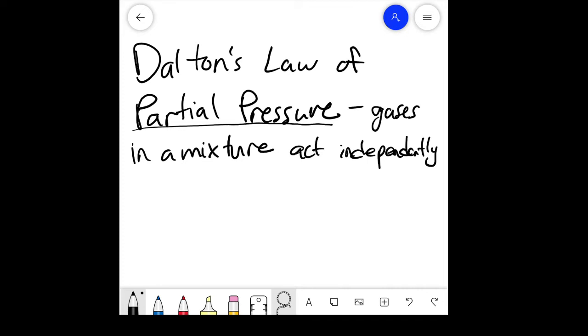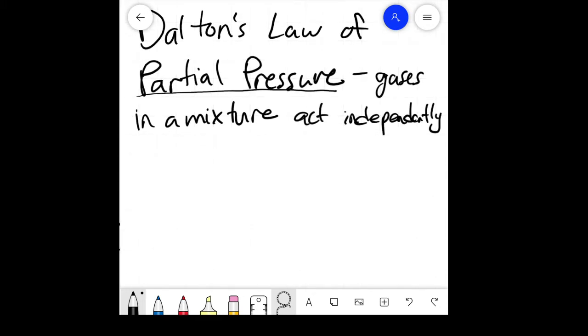So, because of this wonderful law, we get to go back to moles, which I know we all loved forgetting. But we're back to moles.